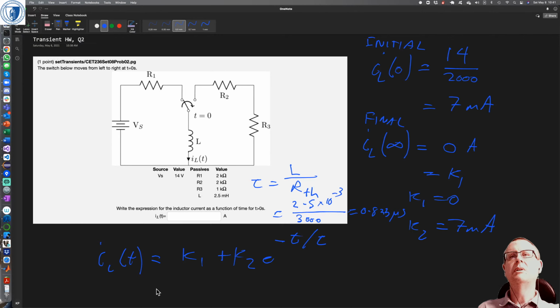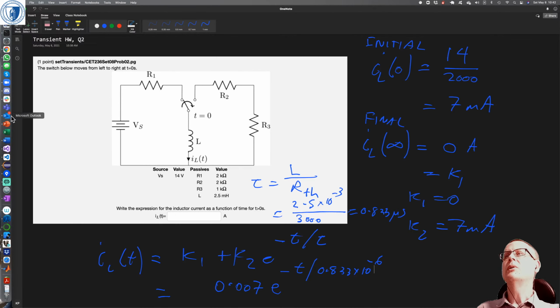So that means our final answer here, K1 is 0, it's going to be 0.007 for the 7 milliamps, and minus t on 0.833 by 10 to the minus 6.